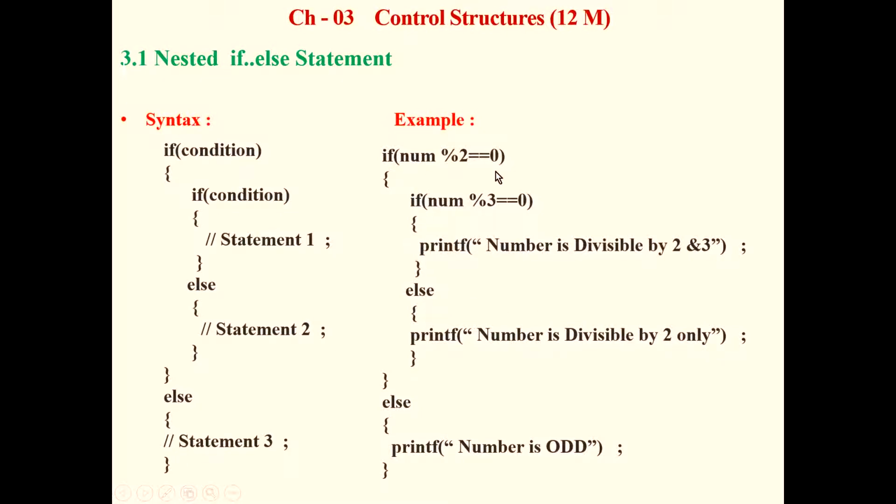And if the first condition is false, then it displays number is odd. It does not check the second condition, it directly executes the else part. So this is a simple example of the nested if-else statement.